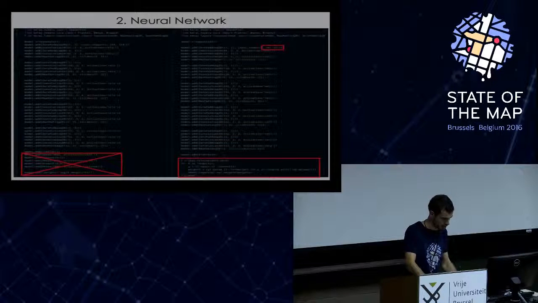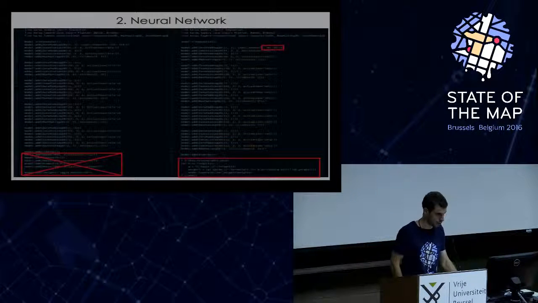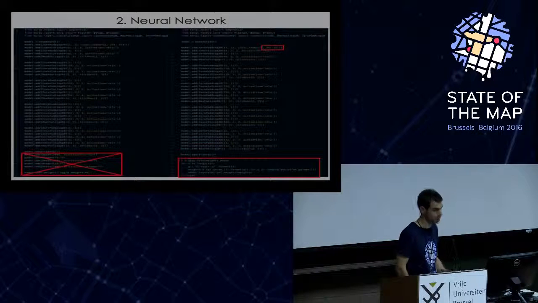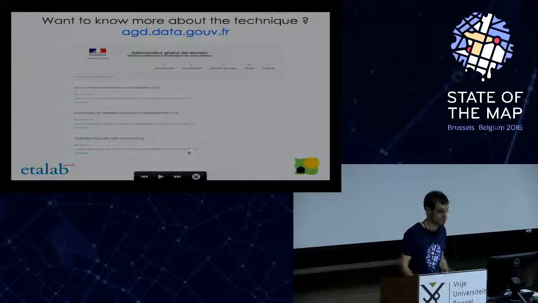So it's easier to use it than to build it, but it's very good for applications. And if you want to know more, I've written some technical explanations on the blog of the team. It's in French, but if you're interested and speak French.